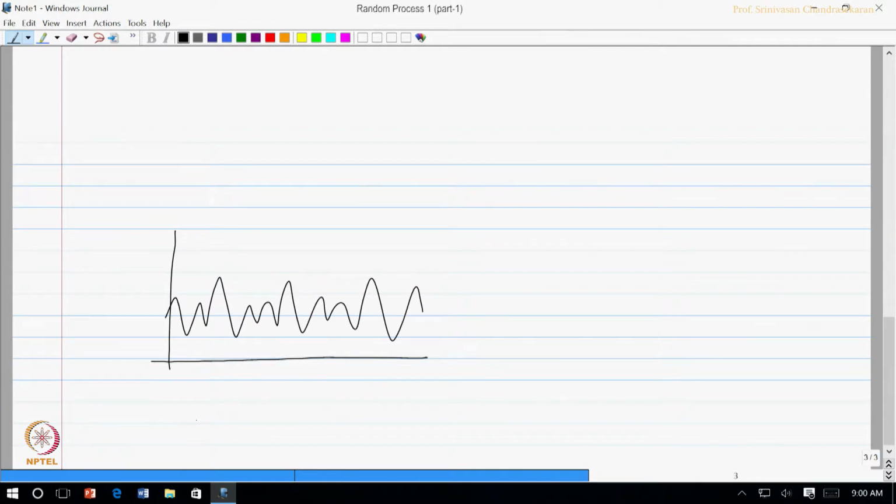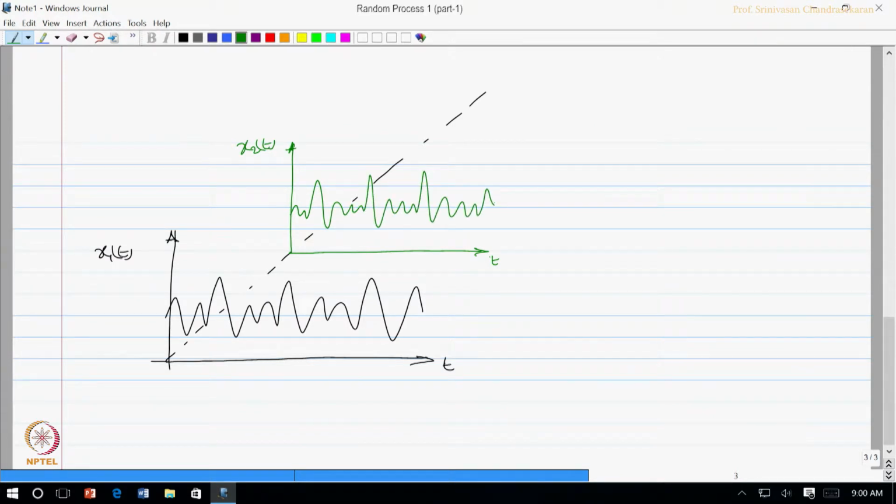Let us call this as a time variant process, and I call this value, let us say, as x1 of t. Now, to start with, I keep on plotting different processes which are also time variant, which will have a different signal. Let us say x3 of t is another process which has some signal, and we all understand that all these processes have their mean value.